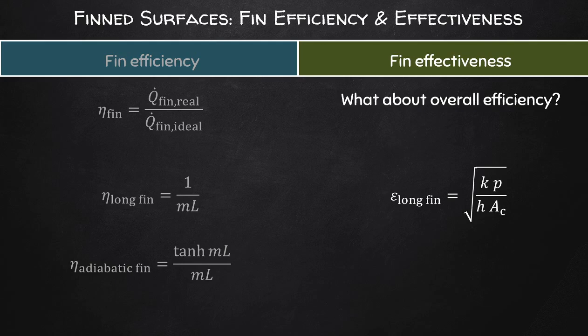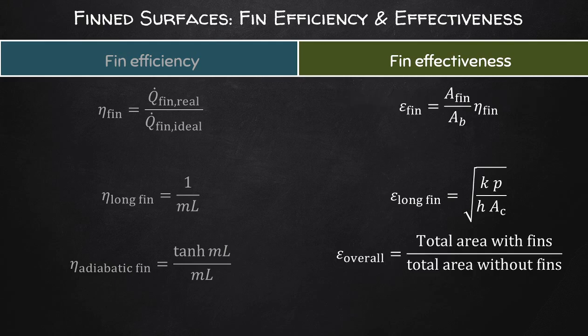The real question is, what is the total effect? What you really want to know is how much heat transfer has been increased. How has heat transfer increased in total since it uses both the fin as well as the free surface where the fins have not been taking up area?